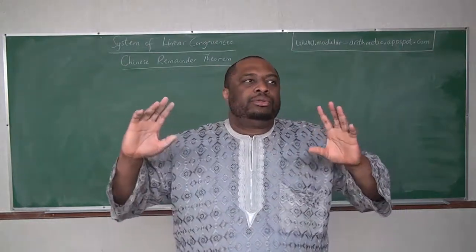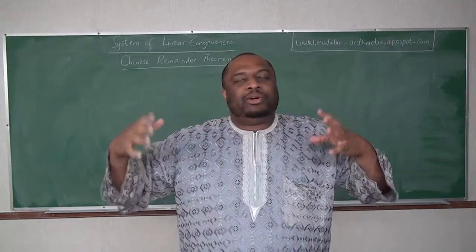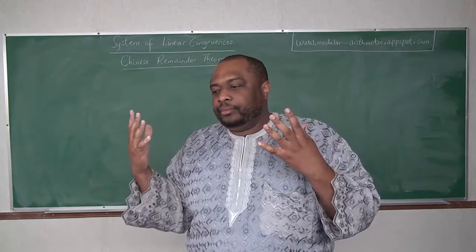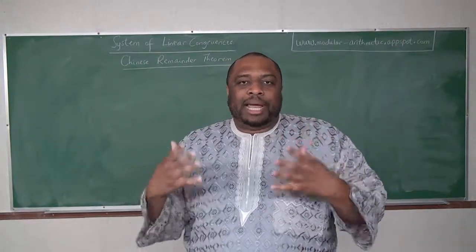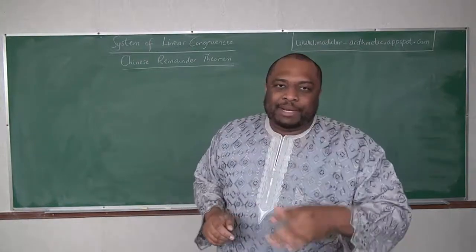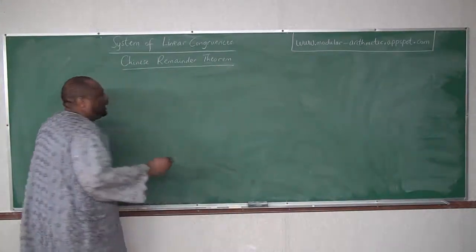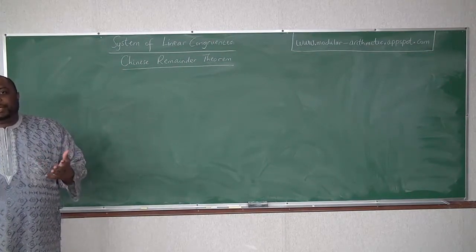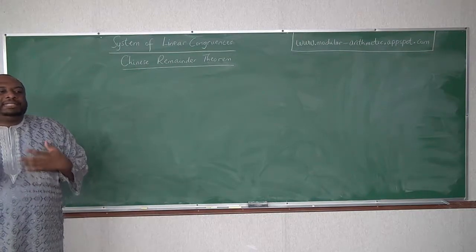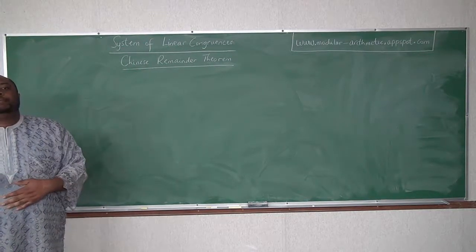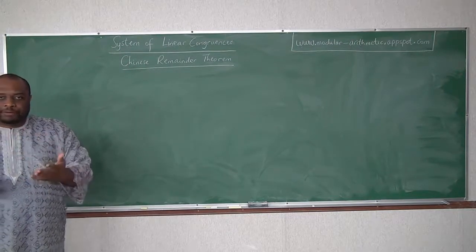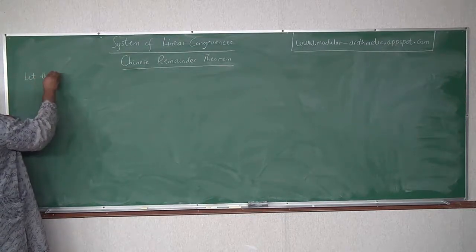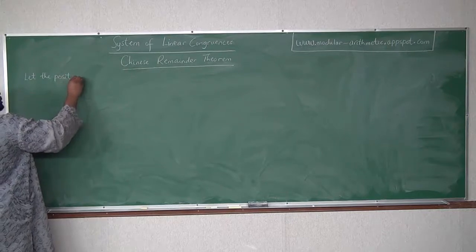We are going to deal with this only when the moduli are relatively prime. But let's get back to the question. When a positive integer is divided by 5, the remainder is 4. Let the positive integer be x.